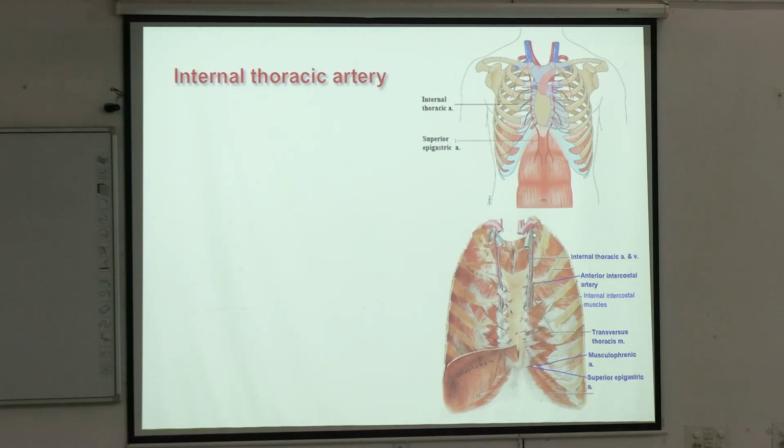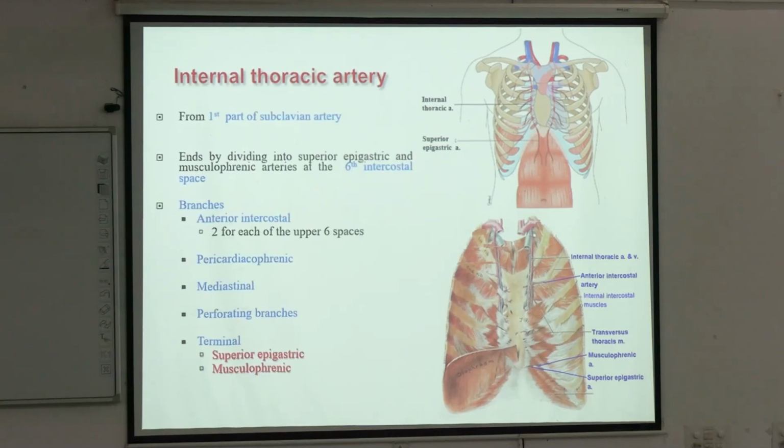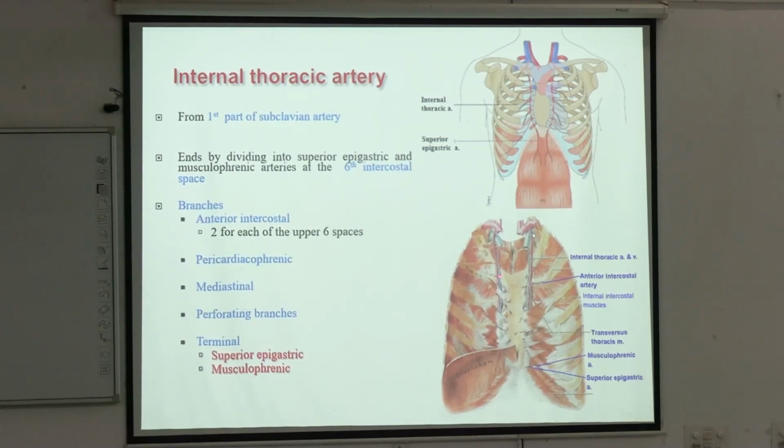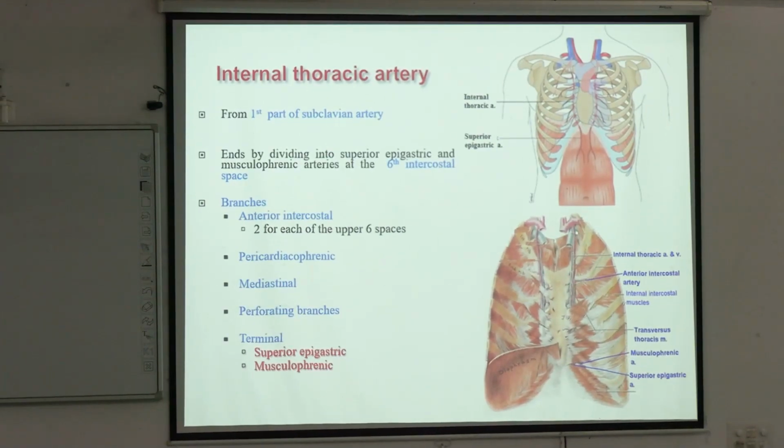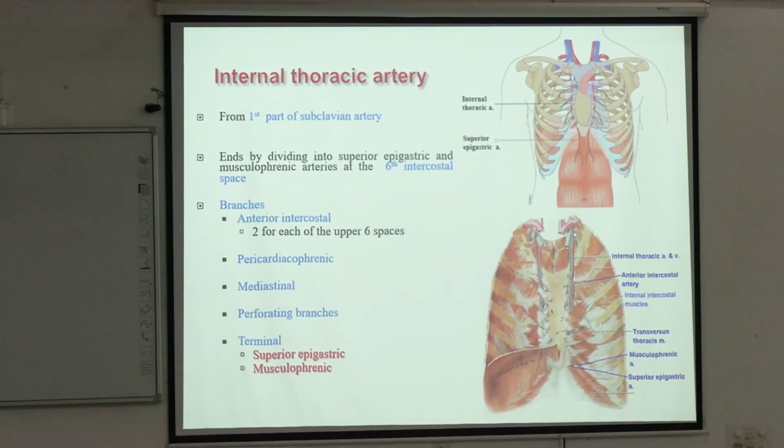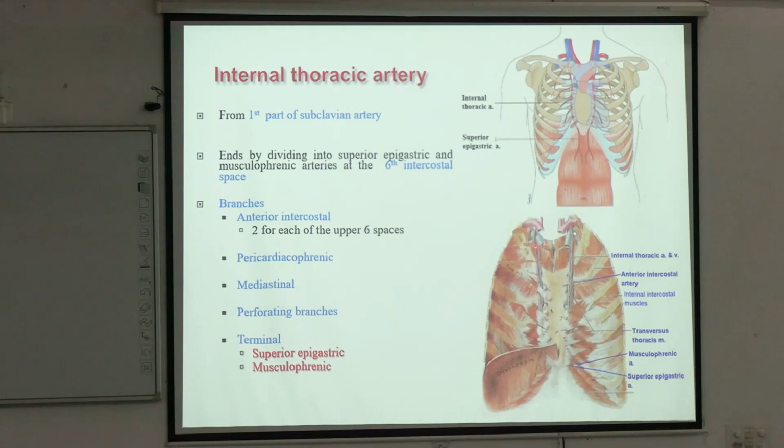So, what is the internal thoracic artery? We have an artery which comes from the subclavian artery. The first part of the subclavian artery sends a branch which goes down by the side of the sternum on the right side and the left side. It courses down from the subclavian artery by the side of the sternum and ends by splitting into two terminal branches, which we call the superior epigastric branch and the musculophrenic branch.